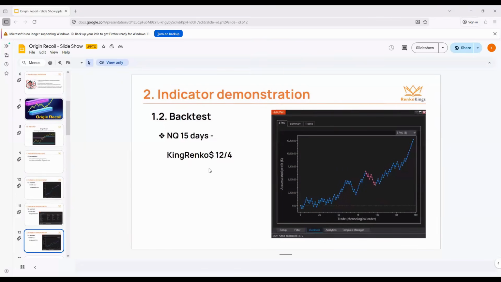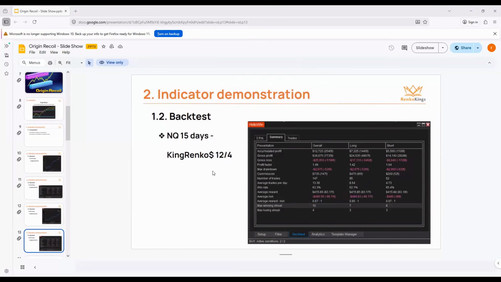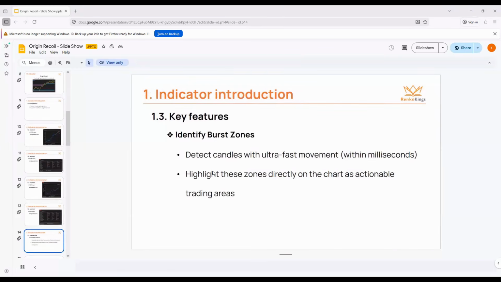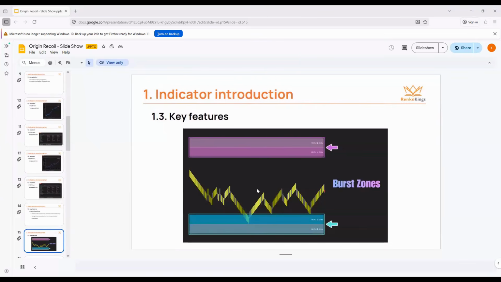I use the King Renko of 36, slightly different than this one. That's what I shared in my NinjaCo indicator demonstration room today. So let's get to the actual indicator and what it does.